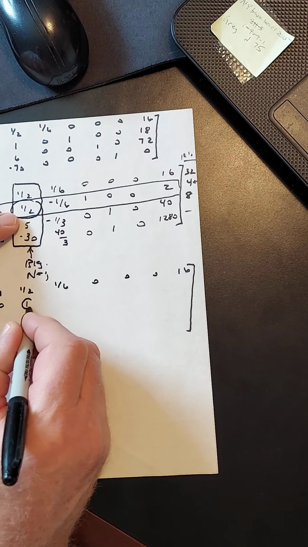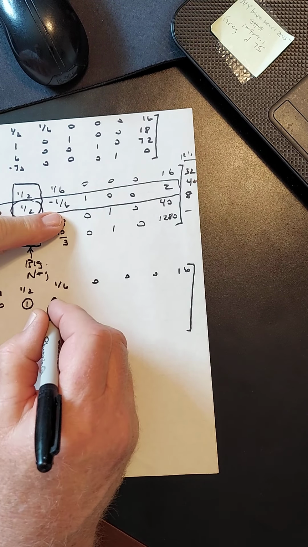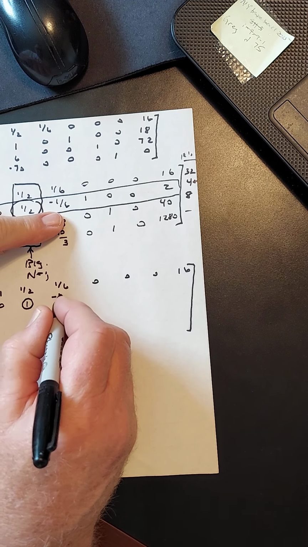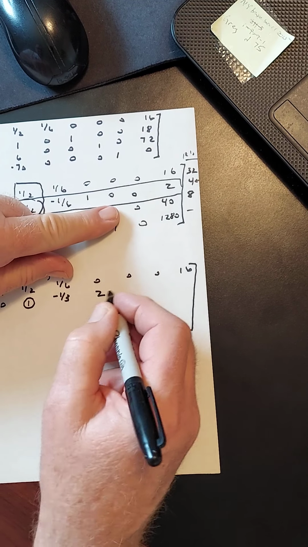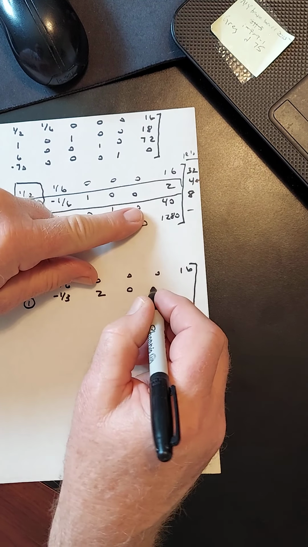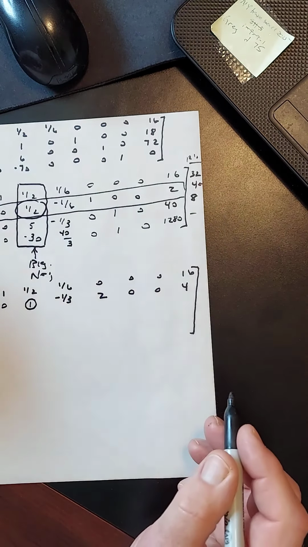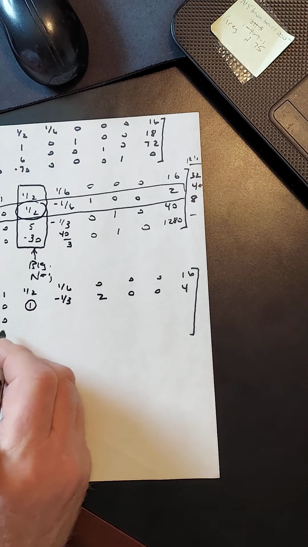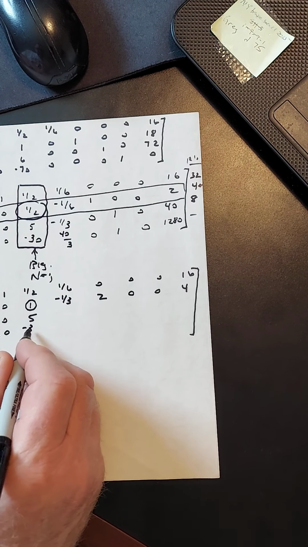That's going to be my new pivot, so I'm going to circle it. 2 times -1/6 is going to be -2/6 or -1/3. 2 times 1 is 2. 2 times 0 is 0. 2 times 0 is 0. And 2 times 2 is 4. Just happens to be the same number I had right there. And then I'm going to simply copy the last 2 rows because nothing is happening to them.